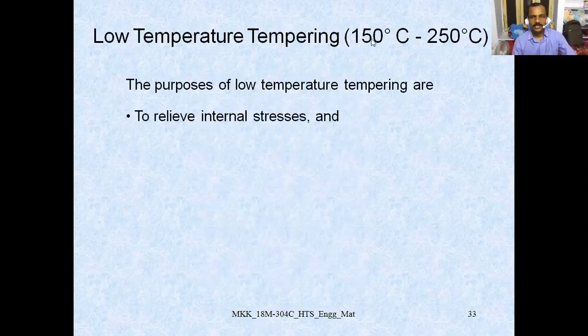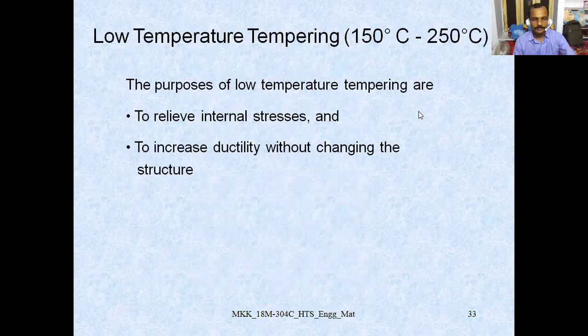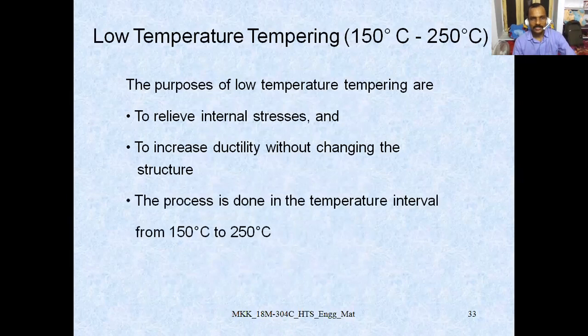That is heating the steel to 150 to 250 degrees centigrade. The purpose of low temperature tempering is to relieve internal stresses and to increase the ductility without changing the structure. The process is performed at 150 to 250 degrees centigrade as given.